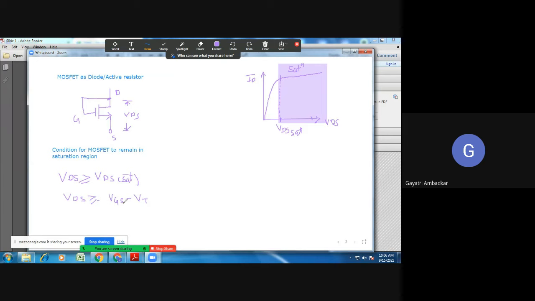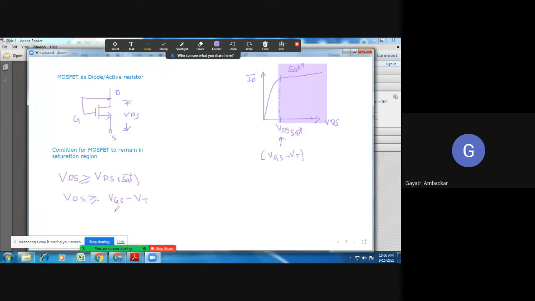So VDS must be greater than VGS minus VT, because VDS sat can be given as this: applied gate to source voltage minus threshold voltage. So this much voltage exists at this point. So what is the condition? VDS shall be greater than or equal to VDS sat, where VDS sat is VGS minus VT. So I'll write VDS must be greater than or equal to VGS minus VT.